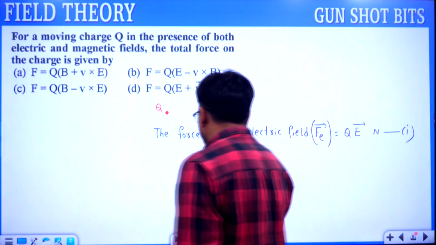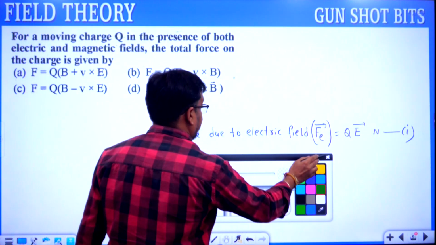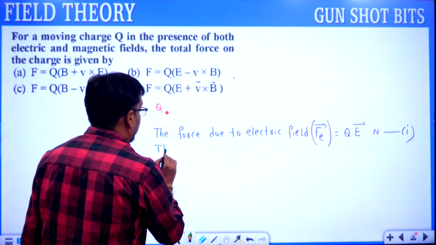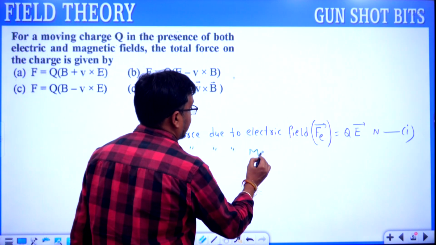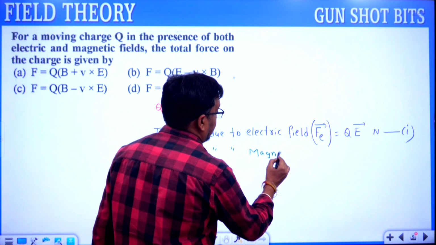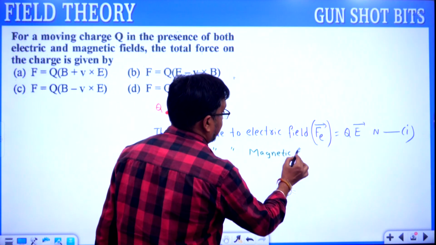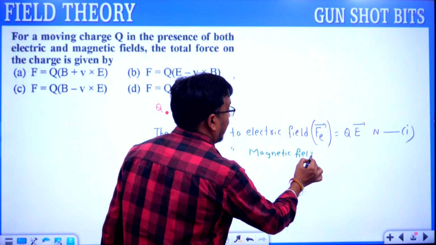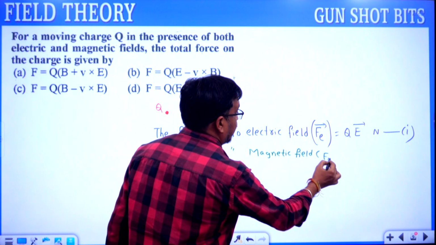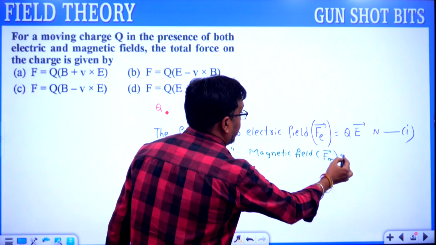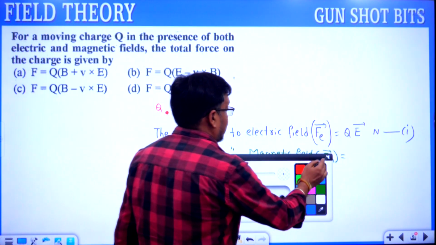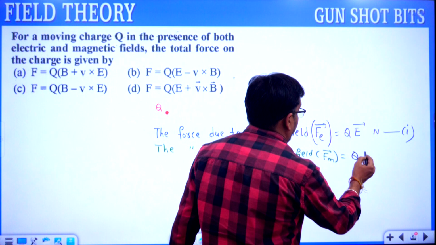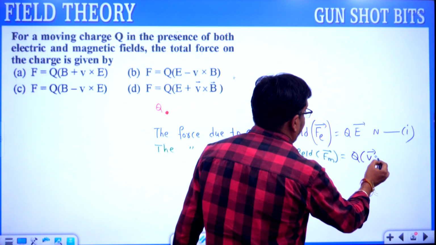Similarly, the force due to magnetic field, we now require. The force due to magnetic field, FM, equals, I am writing here a very important formula, Q into V cross B. What is V here?